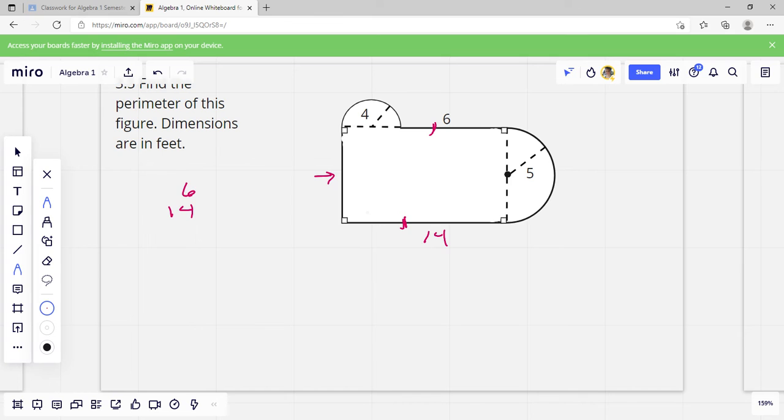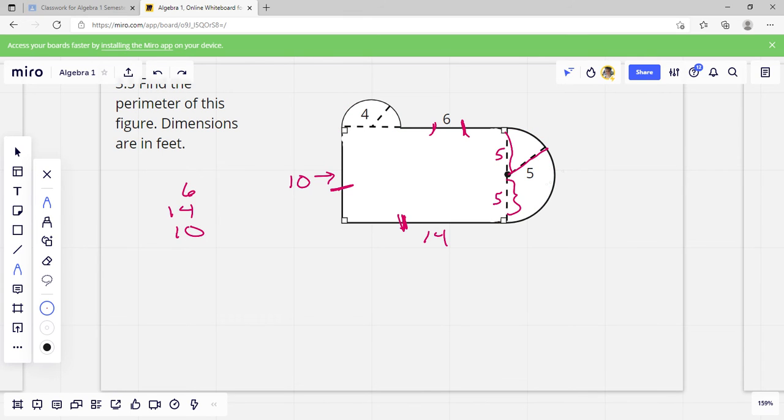This part. Okay. If this is 5 right here, that means this piece right here is also 5, and this piece right here is also 5, so those two together would be 10. So that one's 10. Alright, now I just need my rounded parts, because I've counted here, and I've counted here, and I've counted here, so I just need this rounded part here, and this rounded part here.